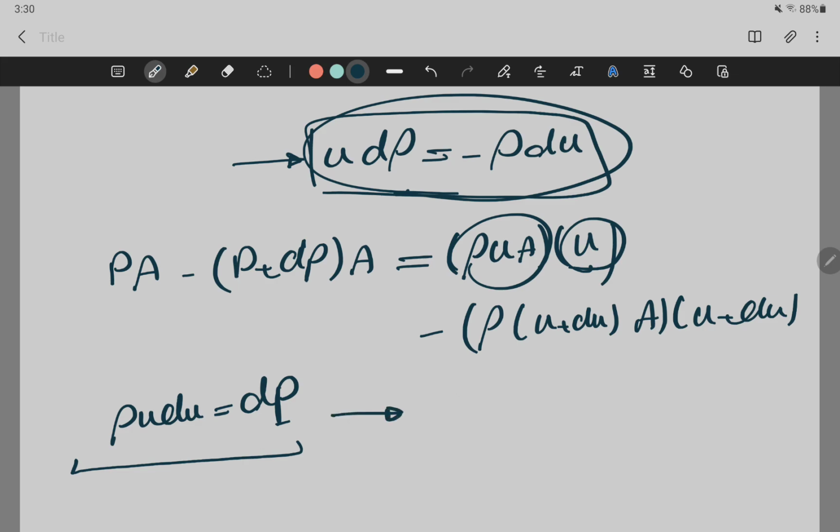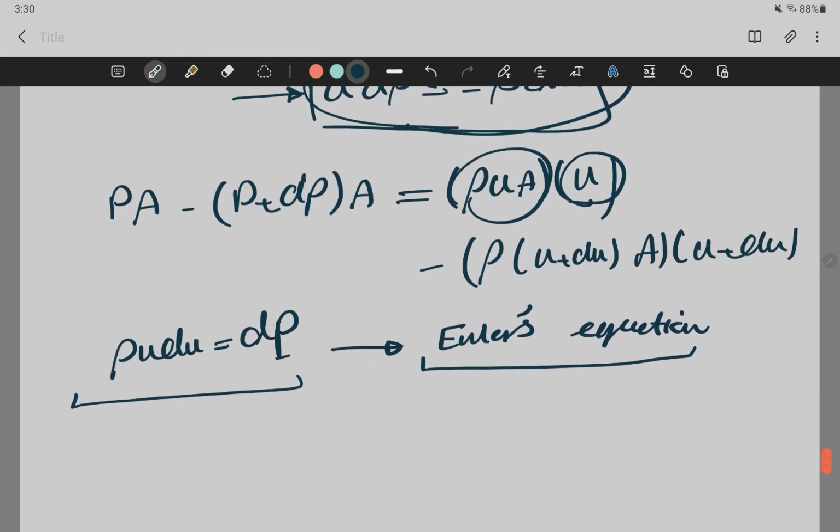This is actually called Euler's equation. It's one of the most famous equations in aerodynamics and fluid mechanics. And based on this, we can find Bernoulli's equation, right? It's a very fundamental, very basic equation.